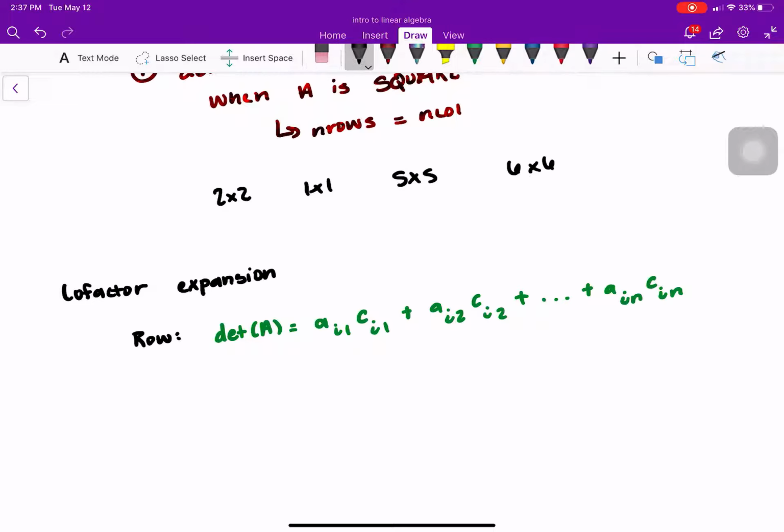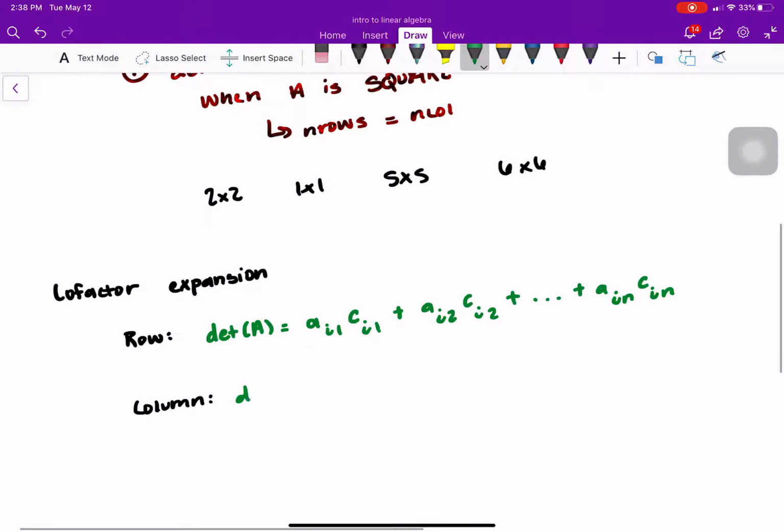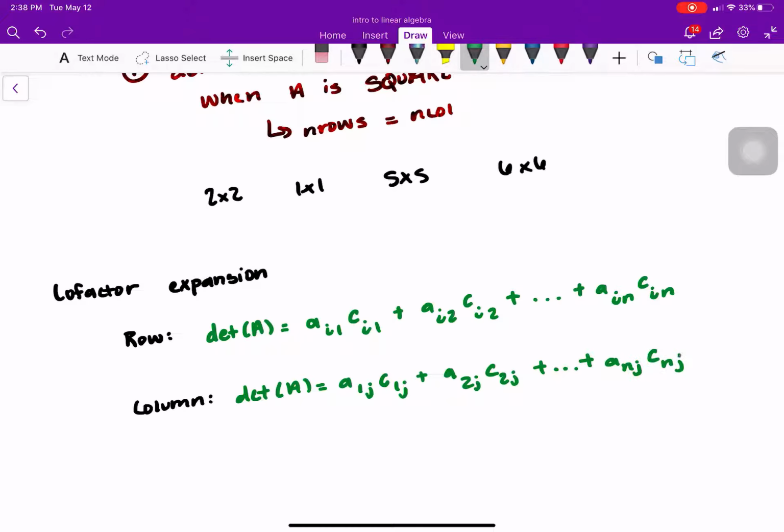And if you want to do a cofactor expansion across a column, you can use this formula. The determinant of A is equal to, it kind of switches, a_1j C_1j plus a_2j C_2j plus dot dot dot plus a_nj C_nj.